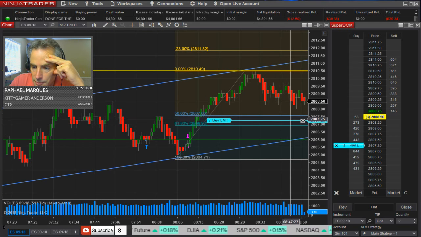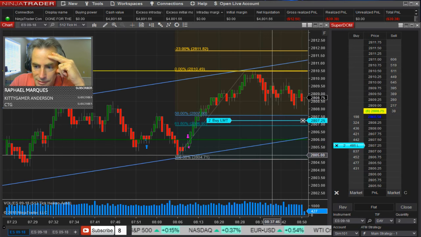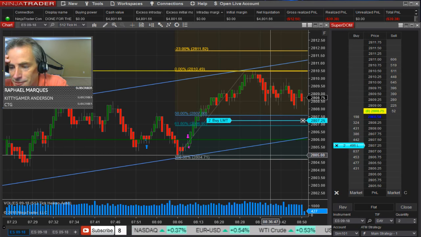Well, but the good news is by the time it gets down to our entry area, all these sellers should be done. They're having a hard time getting it down there.